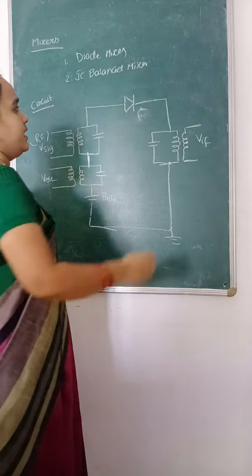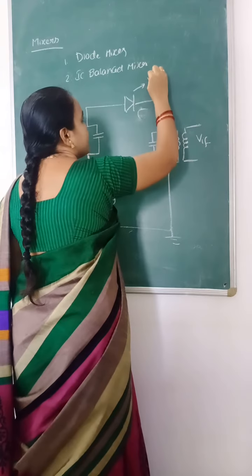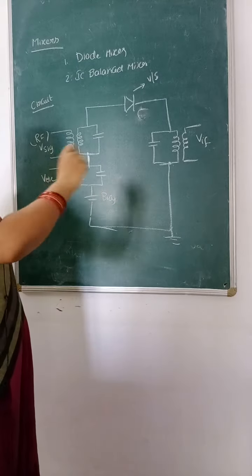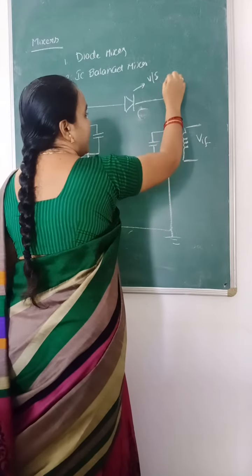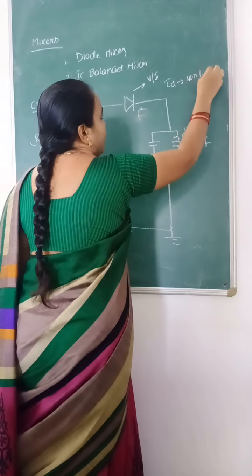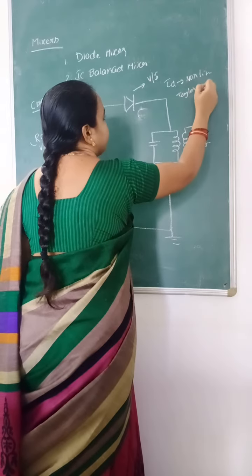This diode is an ordinary diode. So in a diode the VI characteristics are not linear. They do not vary in a linear way. Here the current varies in a non-linear form, which is expanded in a Taylor series.